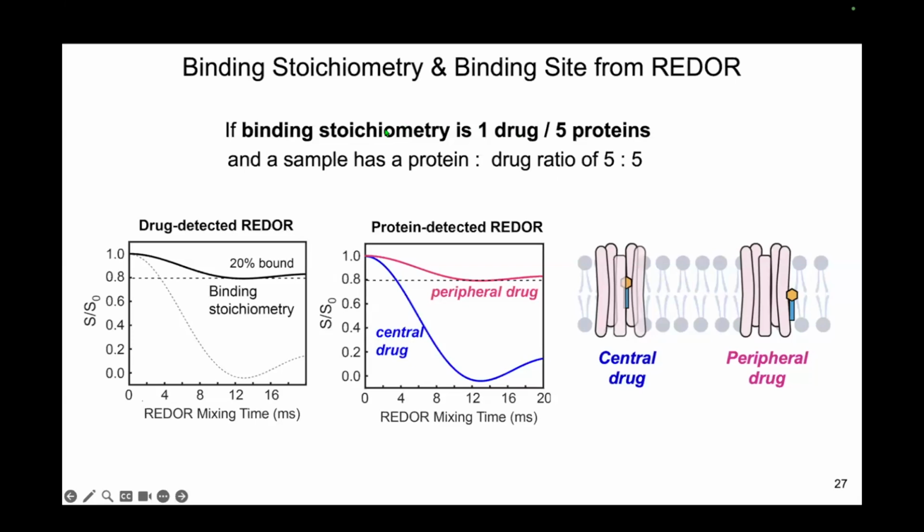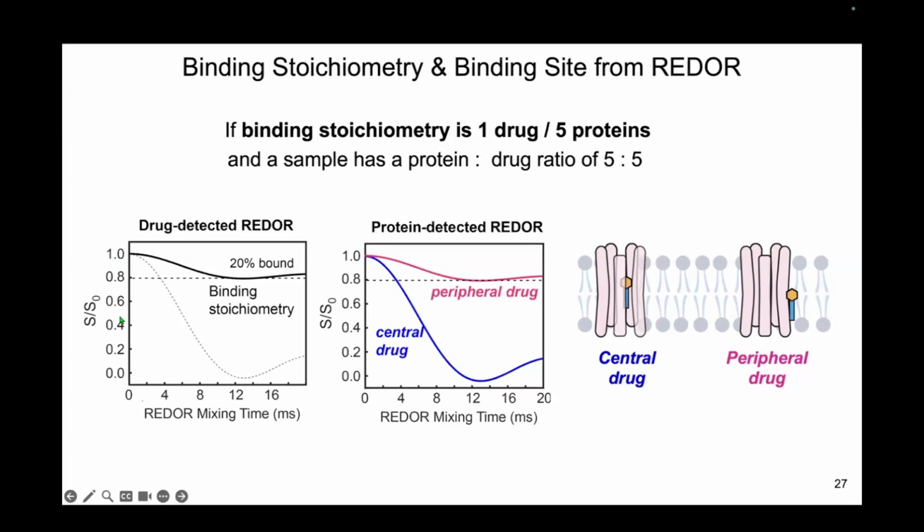If you imagine having a sample that is 1-to-1 protein to drug, or 5-to-5, then if the binding stoichiometry is 1 drug to each pentamer, we can determine that by observing the drug signals as dephased by the protein. If you have an excess of drug, then you'll find only 1 out of 5, let's say, of the drug will be affected by the protein.